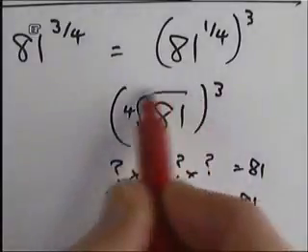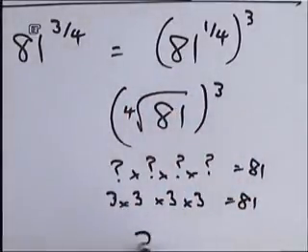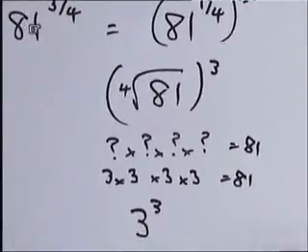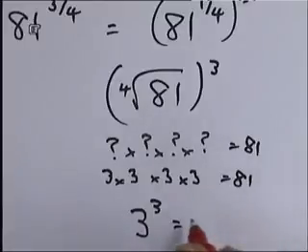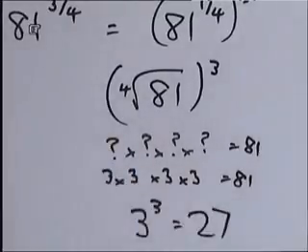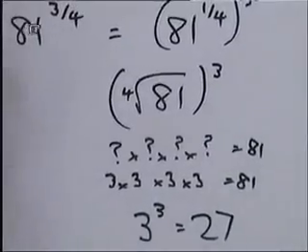So this bit here inside the bracket is 3, and then I have to put that power of 3 there as well. I mustn't forget that. 3 to the power of 3 means 3 times 3 times 3, that's 27. So 81 to the power of 3/4 comes out to be 27.